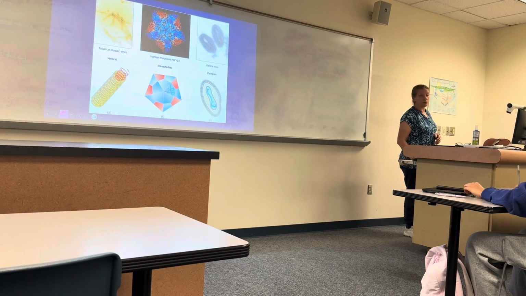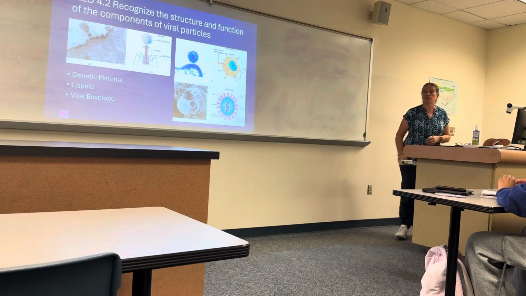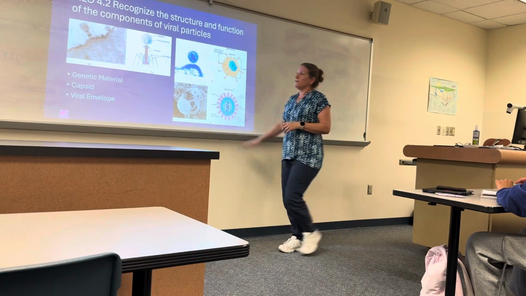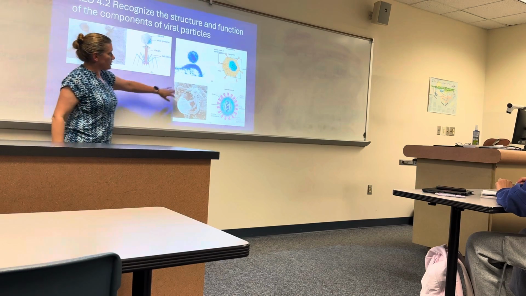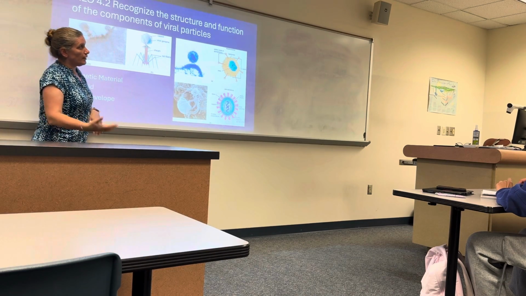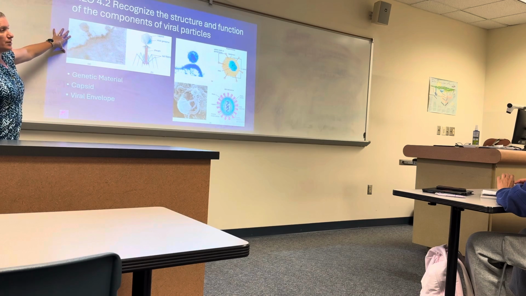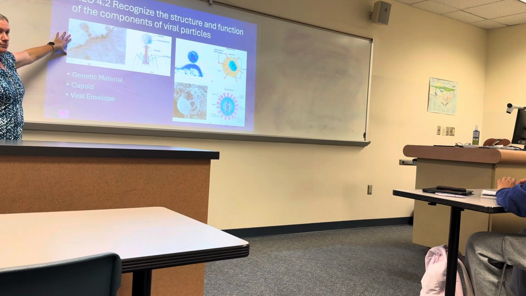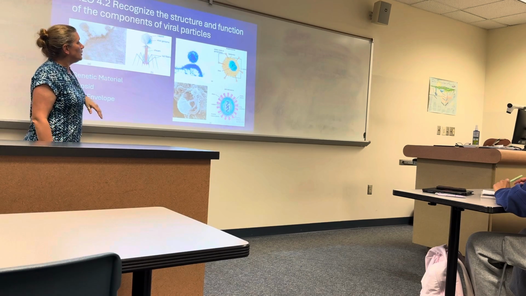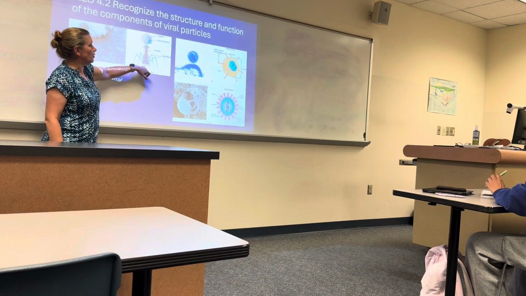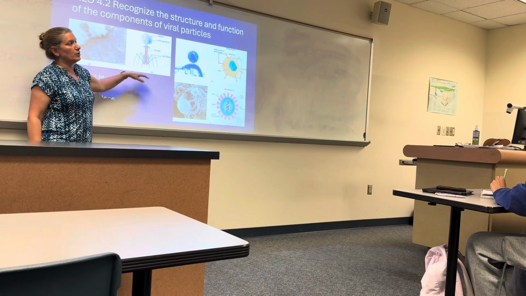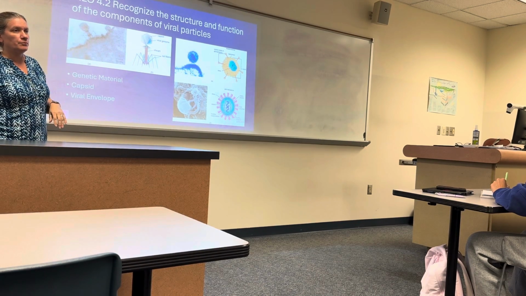Before I get to this one, let me go back to the previous one for a moment. These two are examples of animal viruses. This one is demonstrating a bacteriophage. The bacteriophage has the nucleocapsid as well as other components. It's what we're going to refer to as a complex structure.